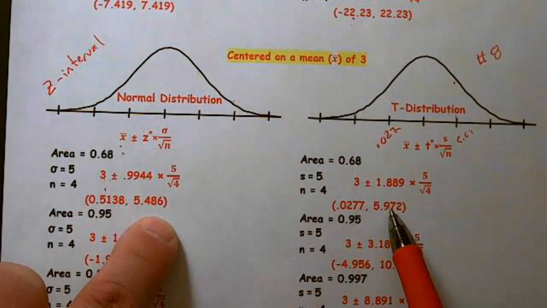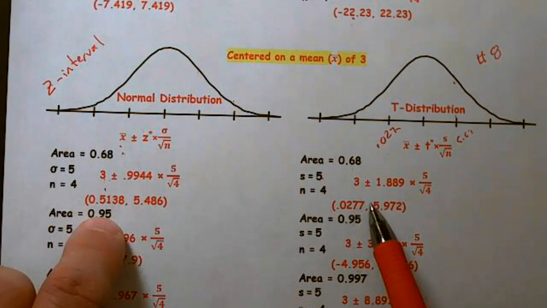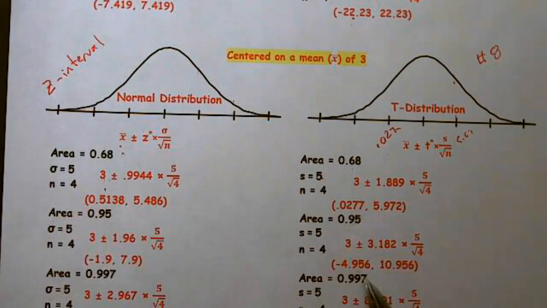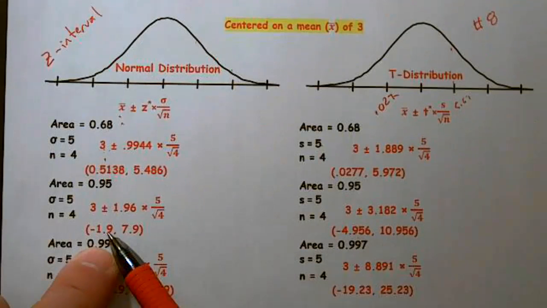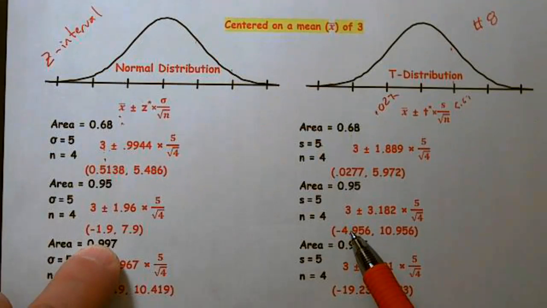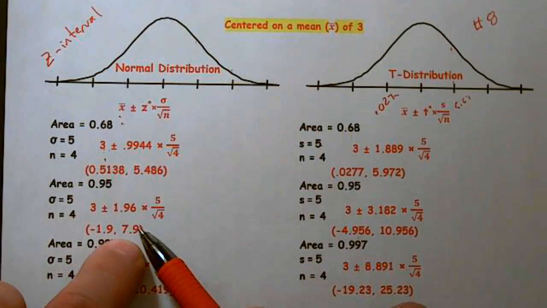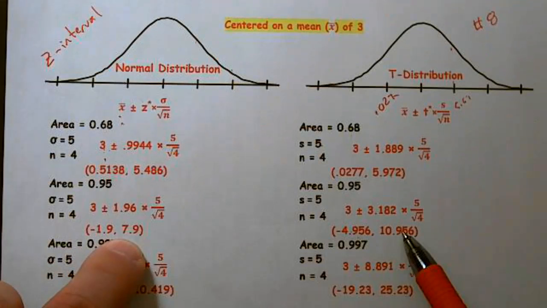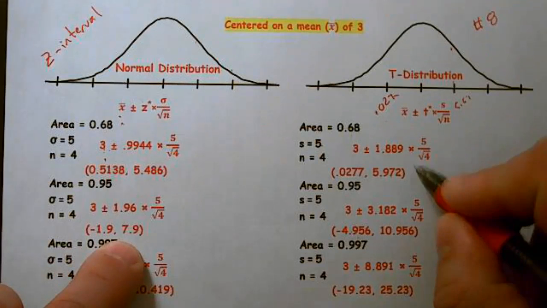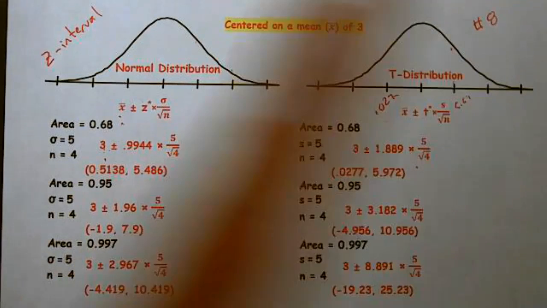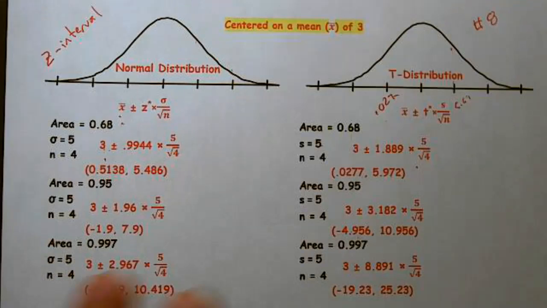This one's a little bit wider, but not a whole lot wider. I get to here, and this is almost to -2. This is almost to -5. Wow, this is 7.9, and this is 10.9. Obviously, the t distribution is wider and more spread out than the z.